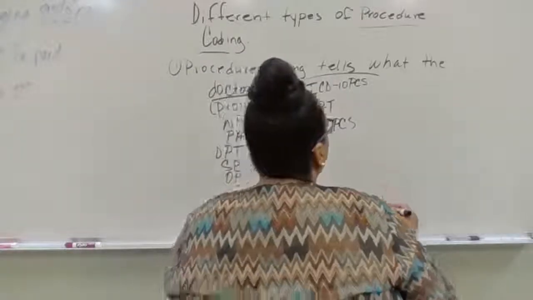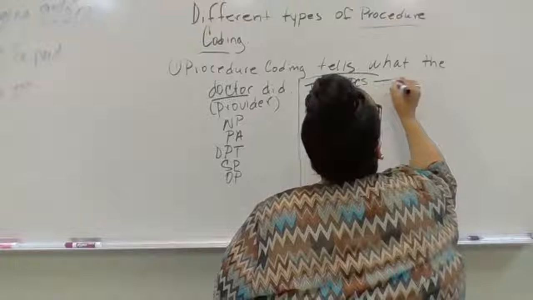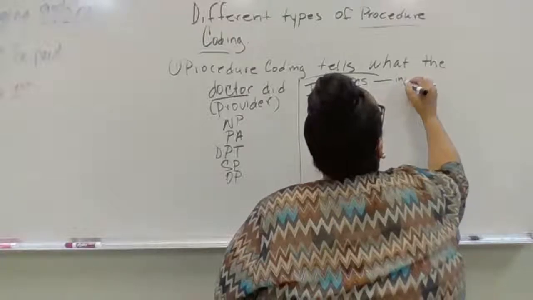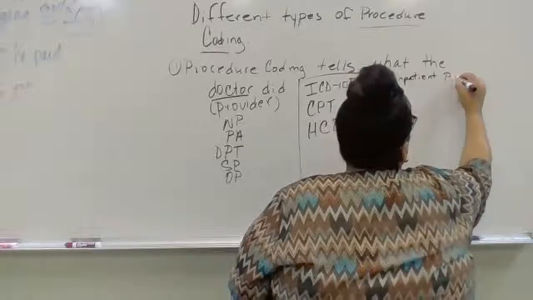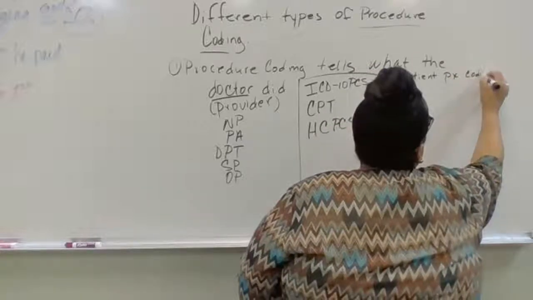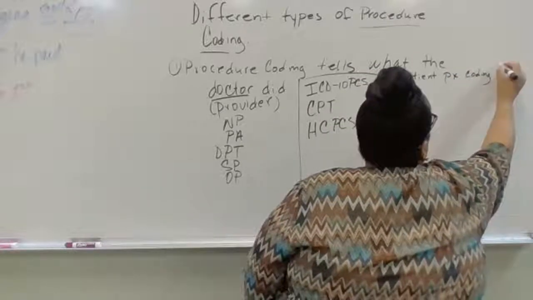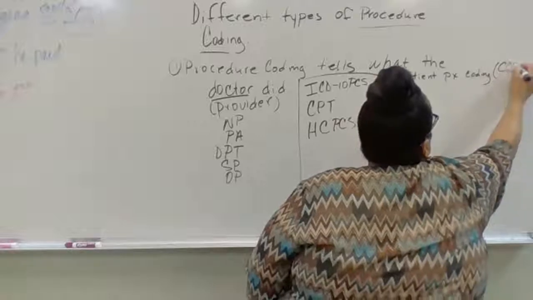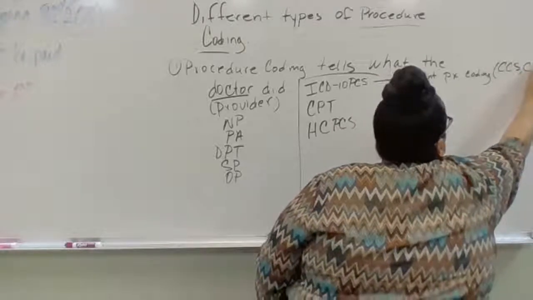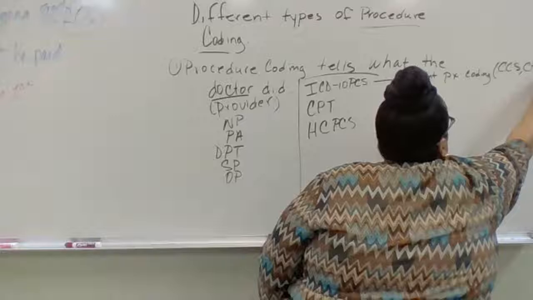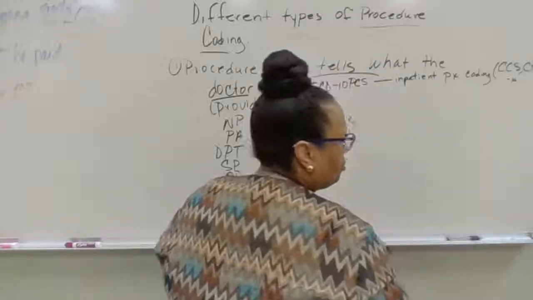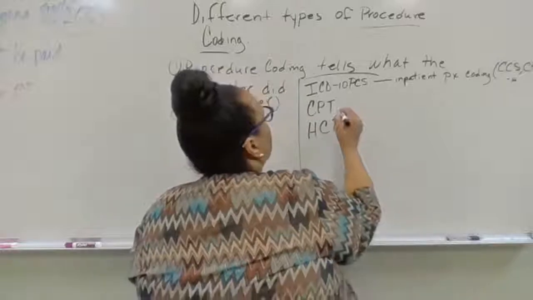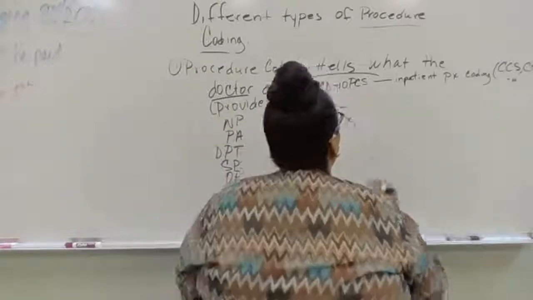The ICD-10 PCS book is mostly used for inpatient procedure coding. Okay? And these are folks that have these credentials that work on stuff like that. Okay, CPT, which are your credentials.